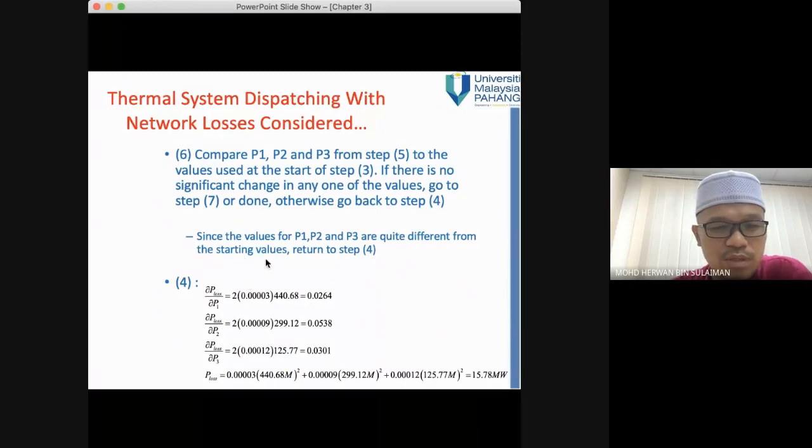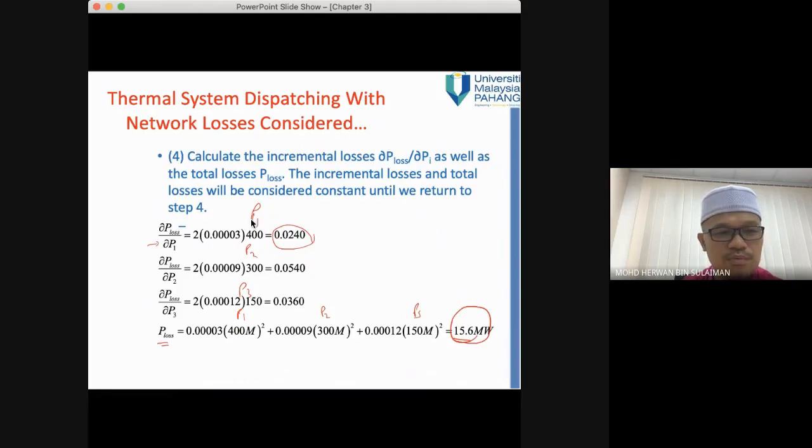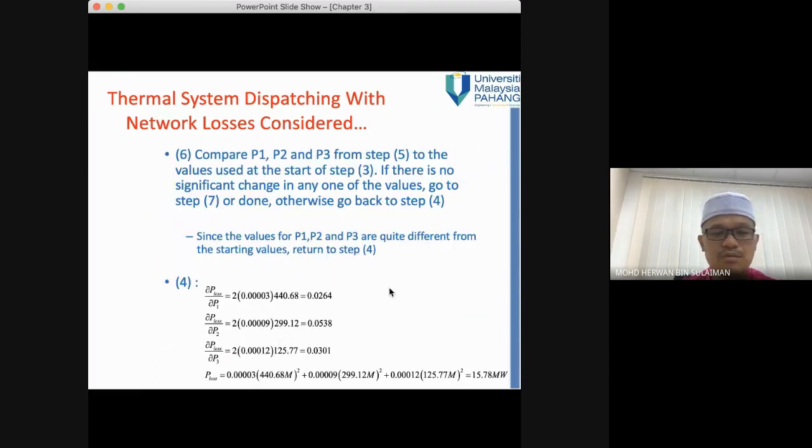So what you need to do, since the values of P1, P2, P3 are quite different from the starting value, is return to step 4. You put back the P1, P2, P3 that you obtained. Okay, you put all the values that you have obtained in step number 5.